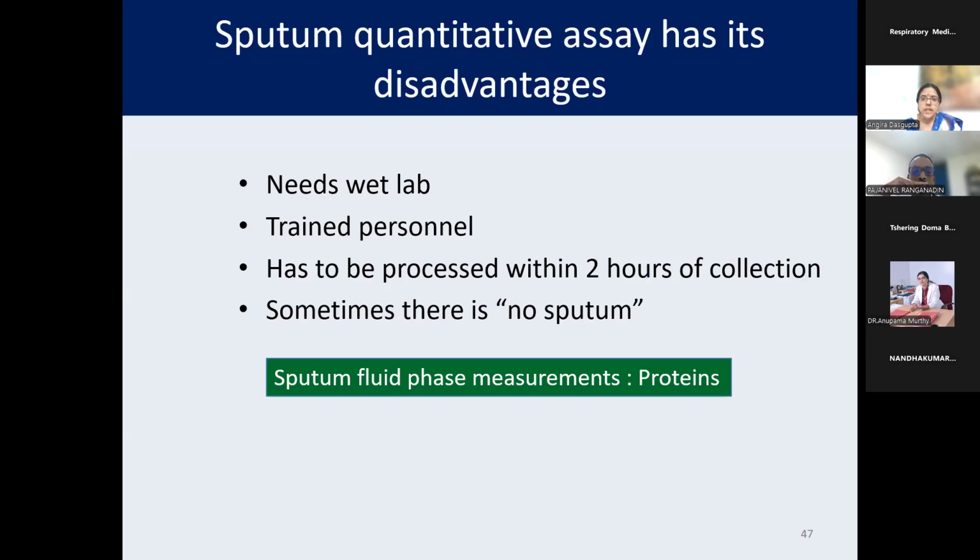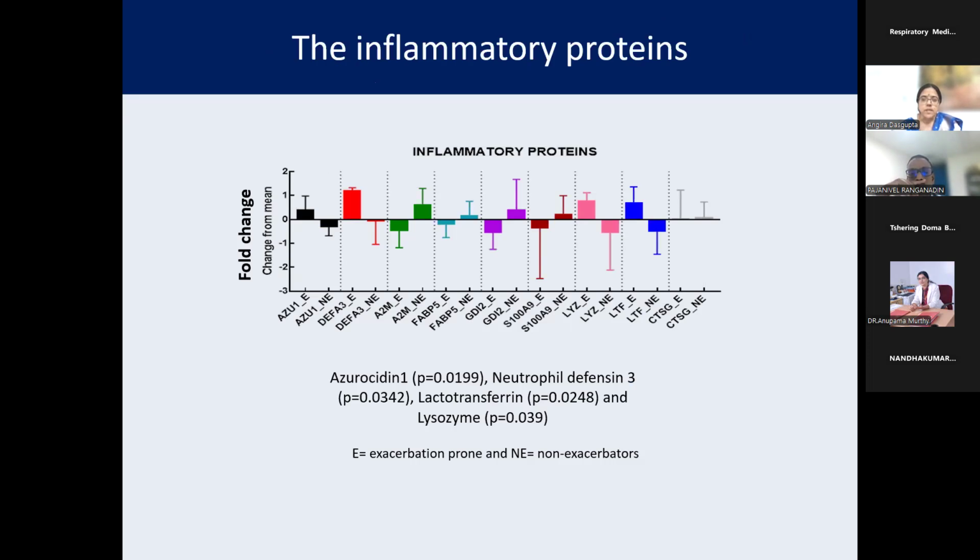But like all investigations, the sputum assay also has disadvantages. It needs a wet lab, trained personnel, and has to be processed within 2 hours of collection. Sometimes there is no sputum. So what do we do then? We do some fluid phase measurements, like Dr. Raghavendra must have spoken about earlier, and we look at the proteins. And these are just preliminary results.